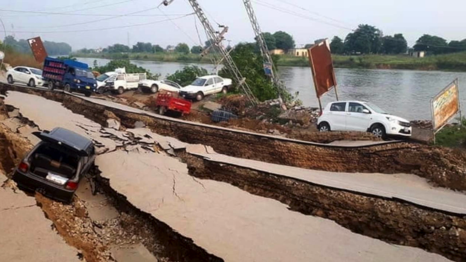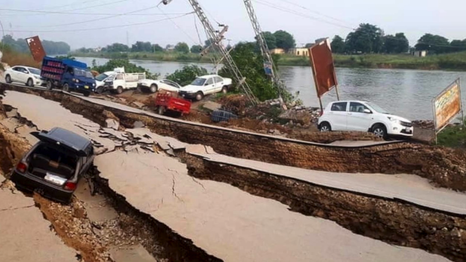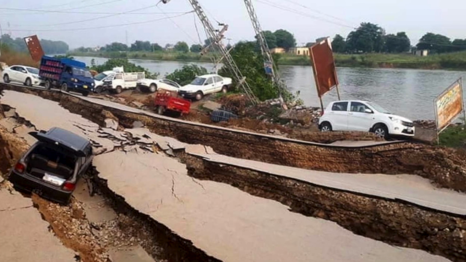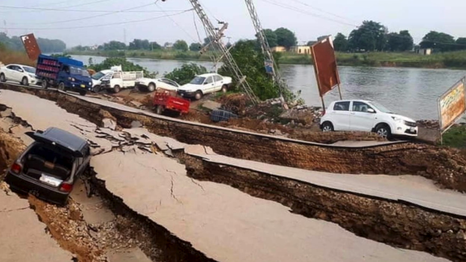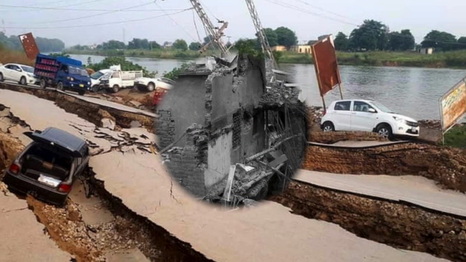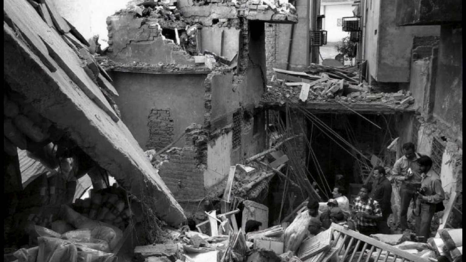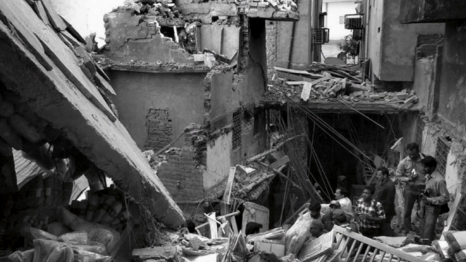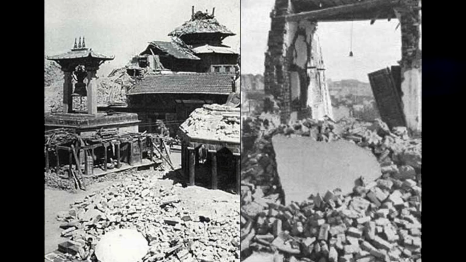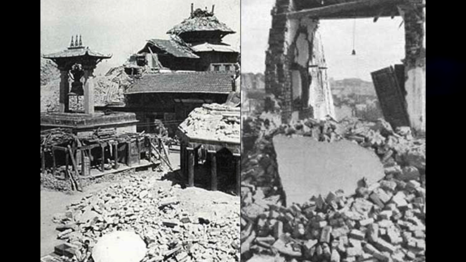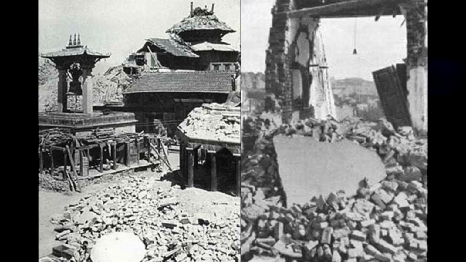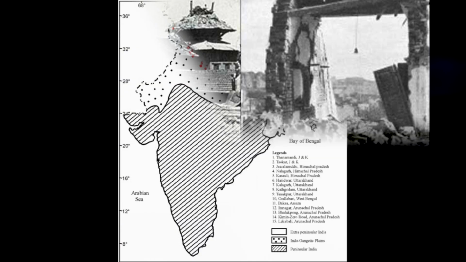But changes appear to be still taking place at the bottom of the Gangetic trough, giving rise to occasional earthquakes. The Sindh earthquake of 1819 and Bihar earthquake of 1934 had their foci in the trough covering the Indo-Gangetic plains.